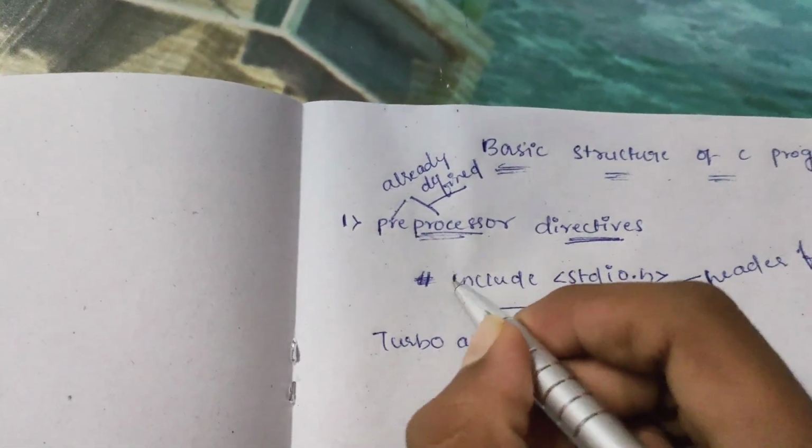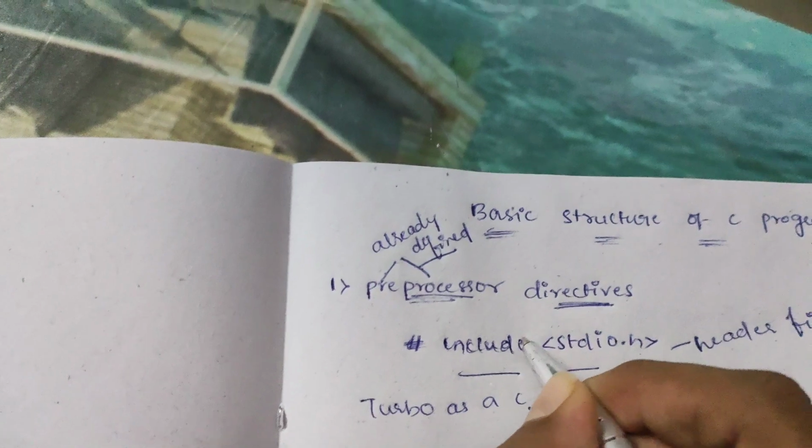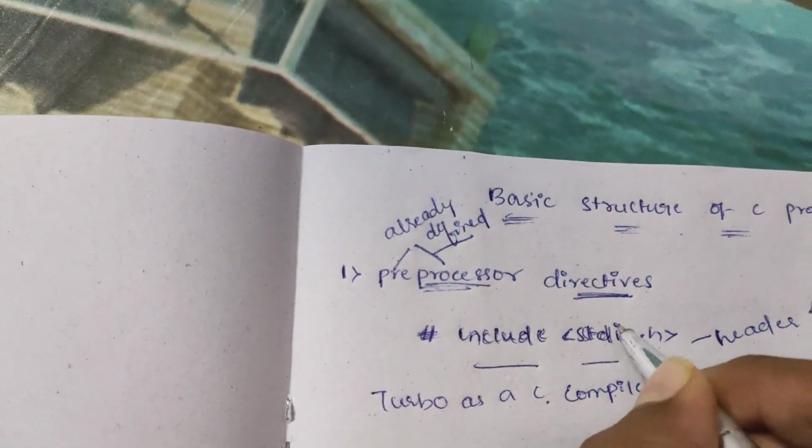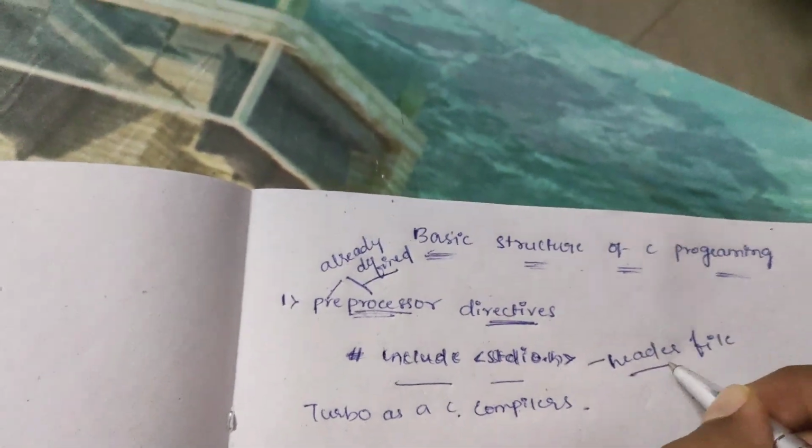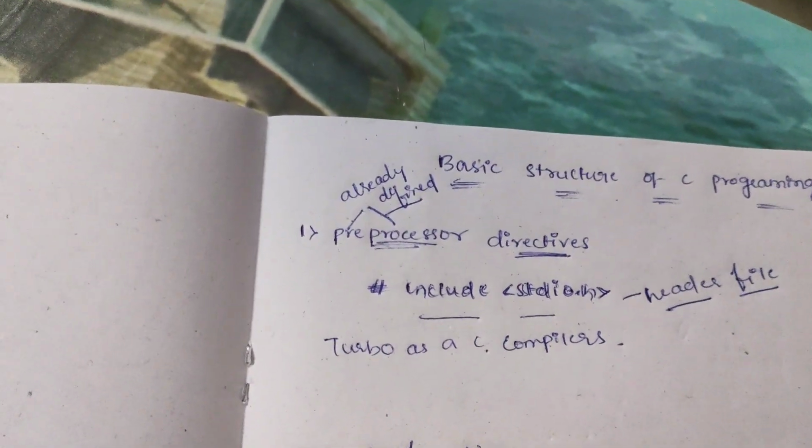So what are these preprocessor directives? For the basic structure, the preprocessor directive is #include <stdio.h>. What is this #include <stdio.h>? It is also known as a header file.